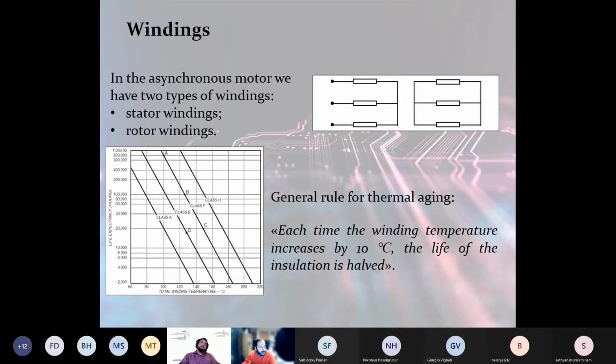So depending on the working temperature, the aging of the windings is higher. And this has to be considered when we want to analyze a motor and its reliability during its working condition. So this is the first claim.